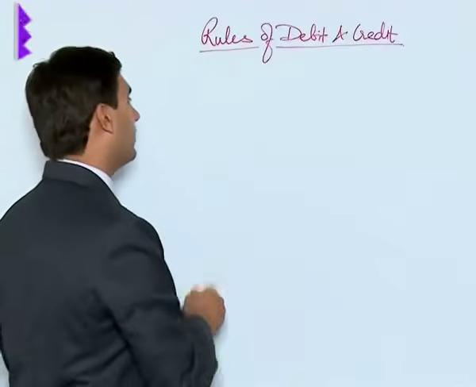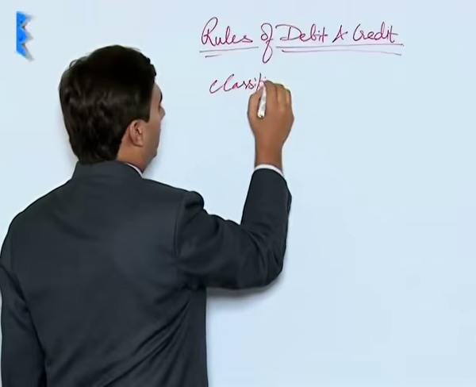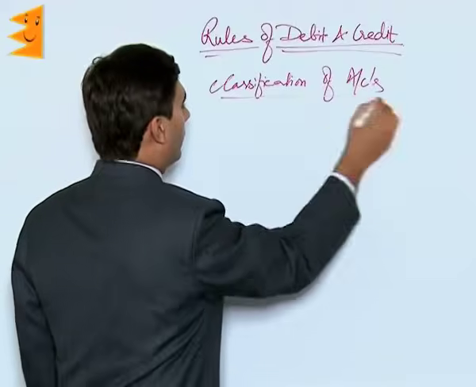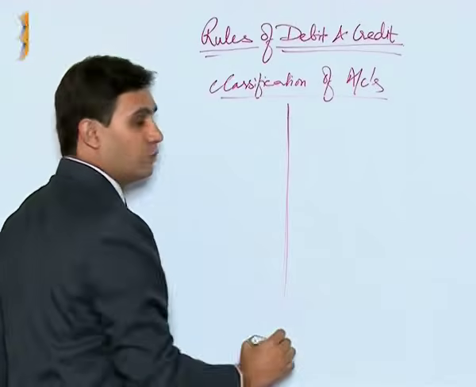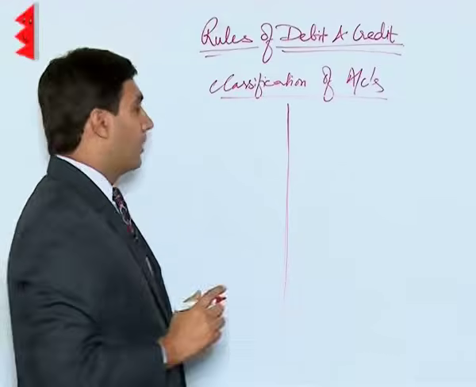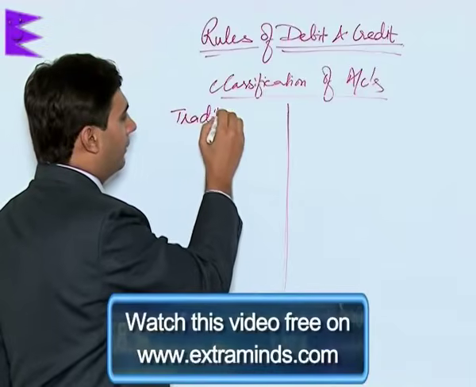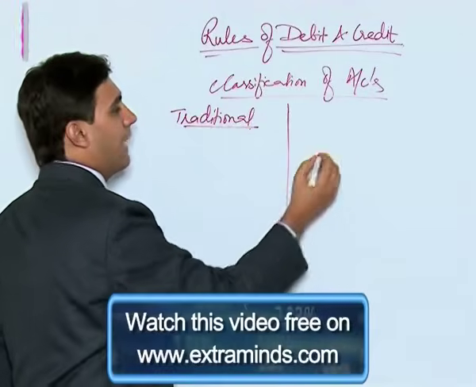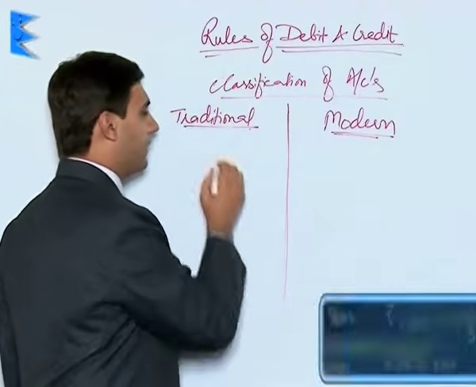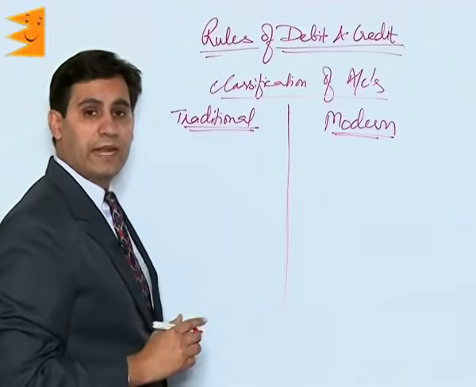So now, the next topic that we are going to start is classification of accounts. The classification is actually on two bases. There is a concept which we refer to as traditional classification, and the other one is modern approach. Now students, under traditional classification, the accounts have been classified in two different categories.